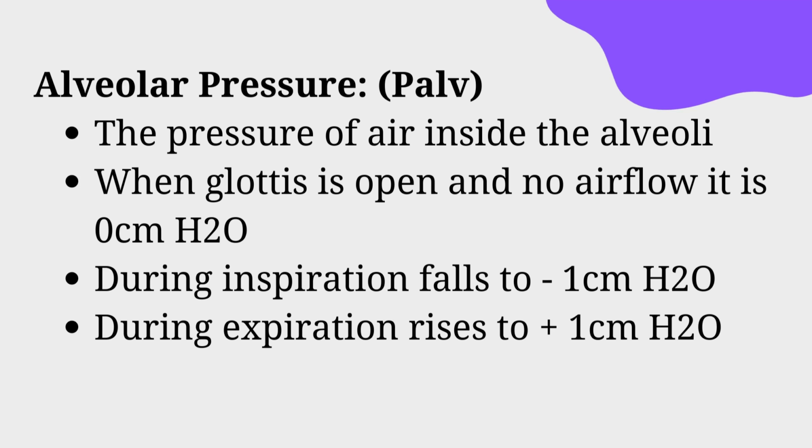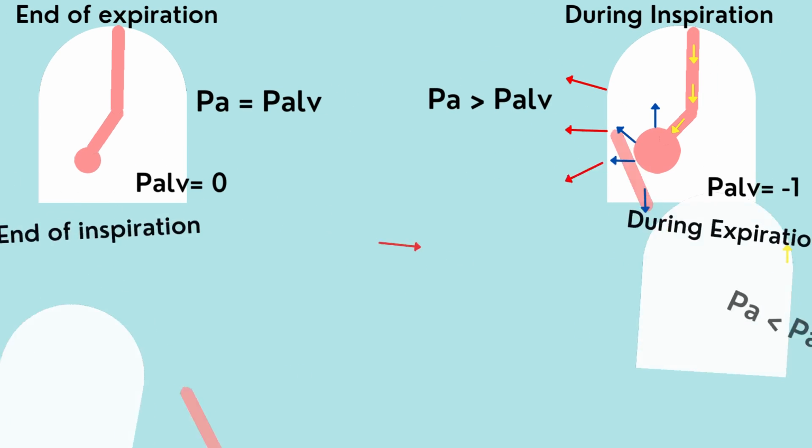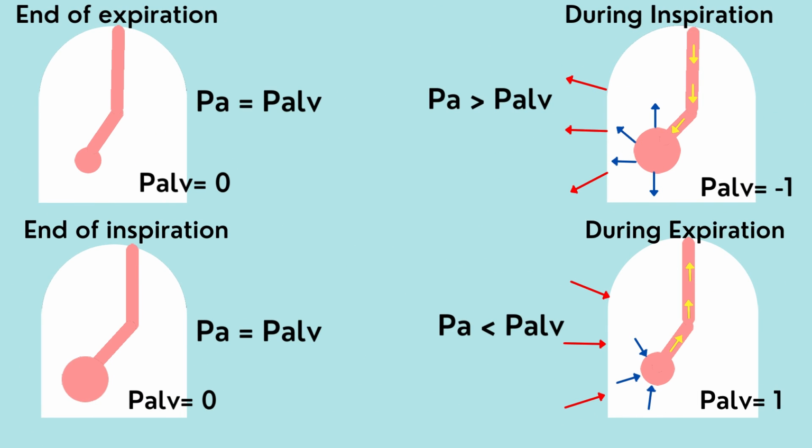At rest it is 0 centimeters of water, because it's in equilibrium with the atmosphere. So it does not go from 0 to minus 1 on inspiration and then back to 0. It goes to plus 1 during expiration. To understand this, we have to look at the next diagram that I made. Hopefully you will understand why we have to increase the pressure during expiration.